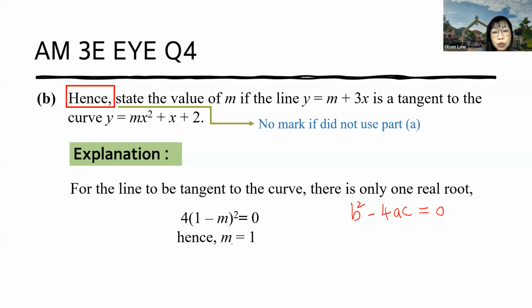For this to be equal to 0, we are able to state the answer. That's why you notice the question says state the value of m, and hence we have m equals 1, and then we are done. So we need not simplify and derive the whole expression for b squared minus 4ac again.